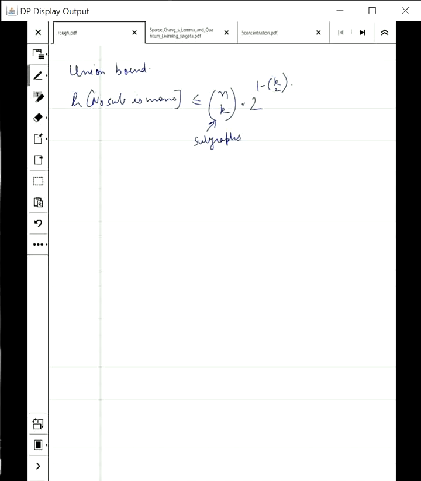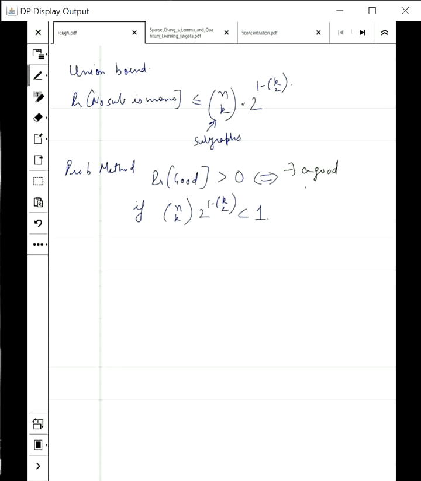So the probabilistic method tells us that the probability of a good structure is greater than 0 if this probability, the probability of having a bad graph, is less than 1. This is equivalent to there existing a good graph. If this is satisfied for n, then n is a lower bound on Rk.